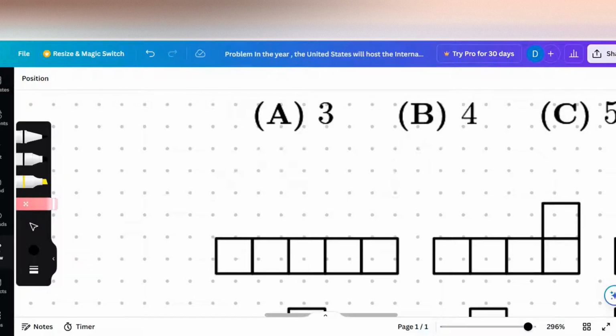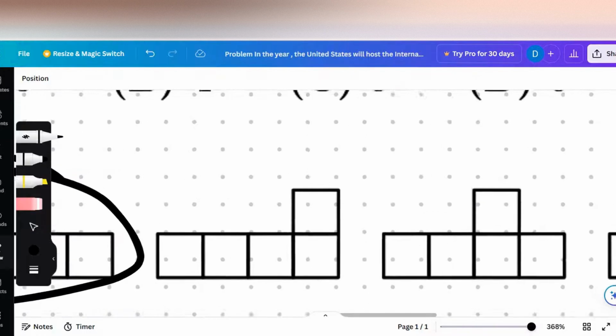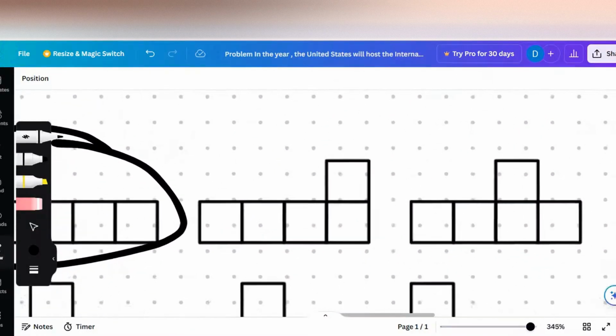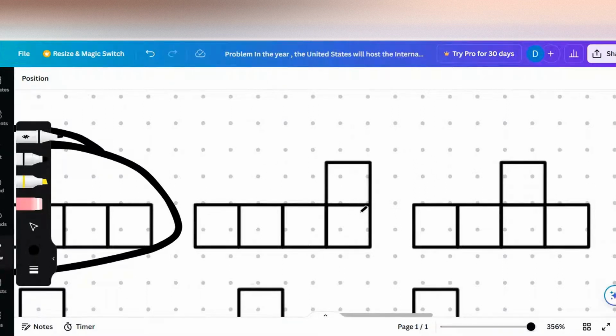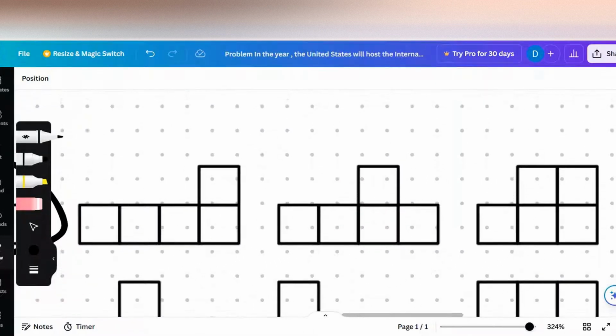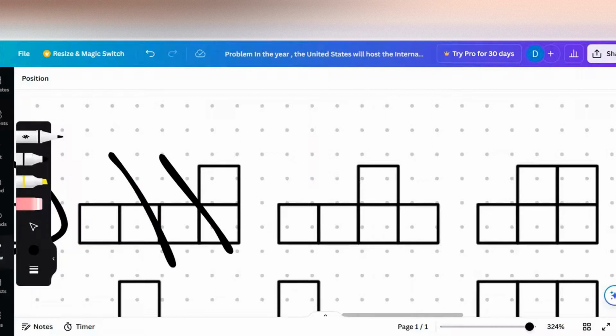We can also divide it in half horizontally like that. So we can just circle this one because we know it's going to be part of the group. The second one, third one, and fourth one do not work, because you can try all you want, but we cannot divide it into two symmetric equal parts.